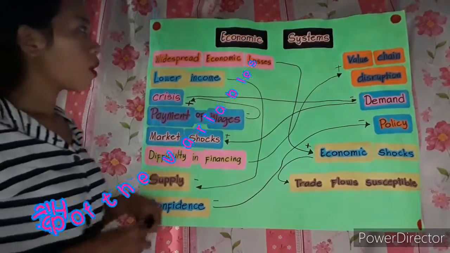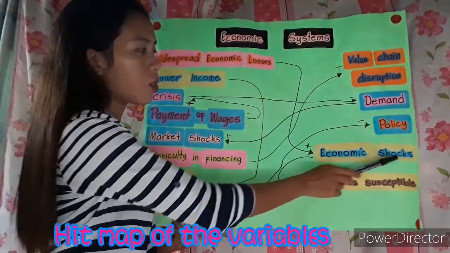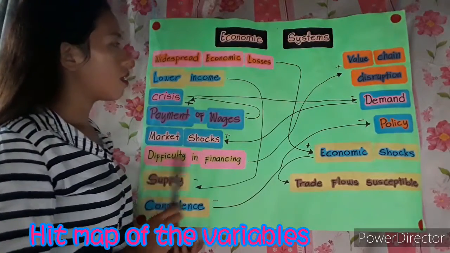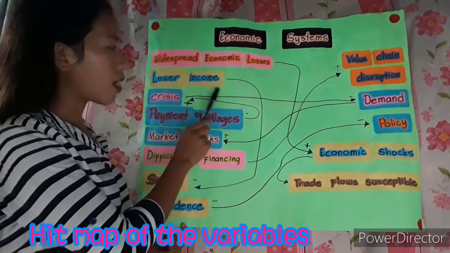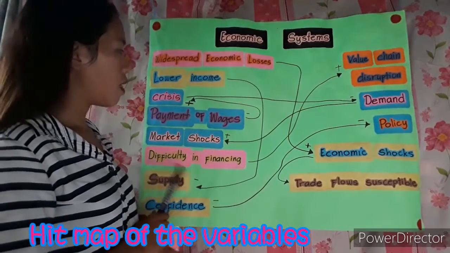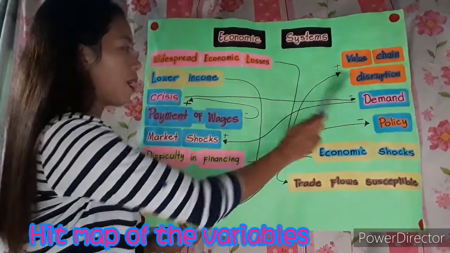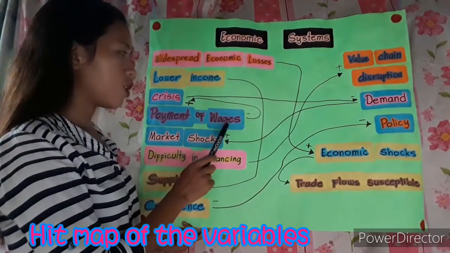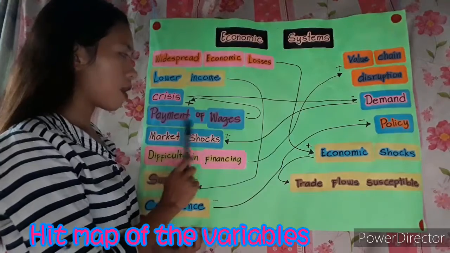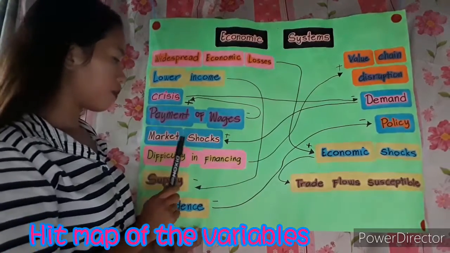The more widespread economic losses, the more economic shocks will happen, and the more lower income, the less supply will happen. Next is crisis. More crisis, less demand. Payment of wages: less payment of wages, more crisis will happen.